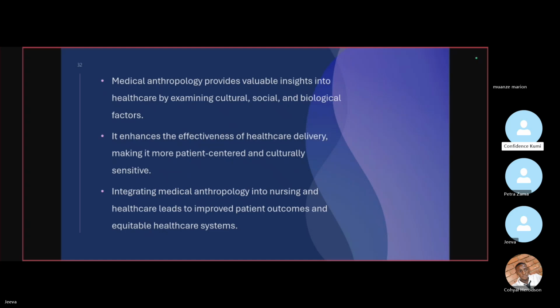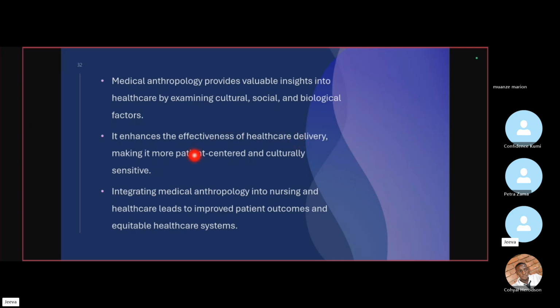Yes, ma'am. So therefore, medical anthropology will provide valuable insight into healthcare by examining cultural, social, behavioral, and biological factors. Therefore, it will enhance the effectiveness of your healthcare delivery.